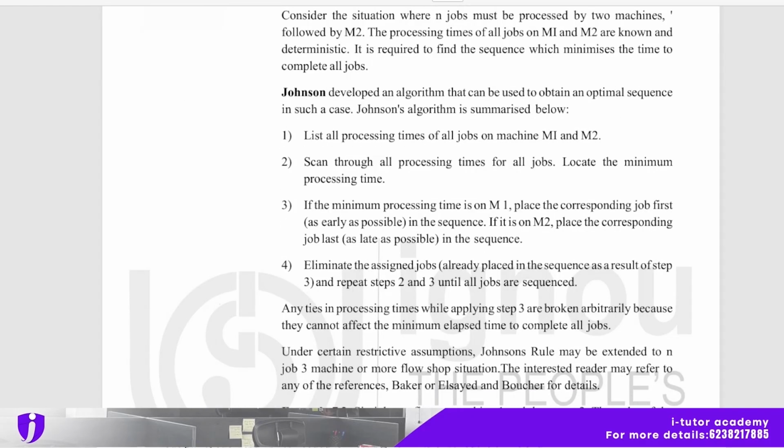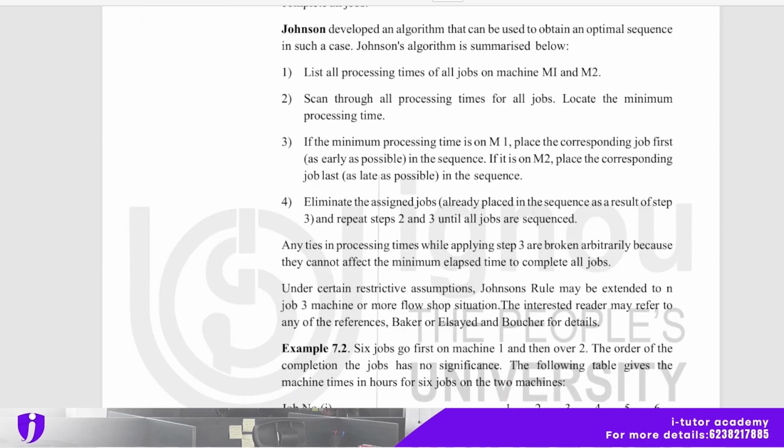Johnson developed an algorithm that can be used to obtain an optimal sequence. Johnson's algorithm is summarized below. List the processing times of all jobs on machines M1 and M2, and scan through all the processing times. Locate the minimum processing time.